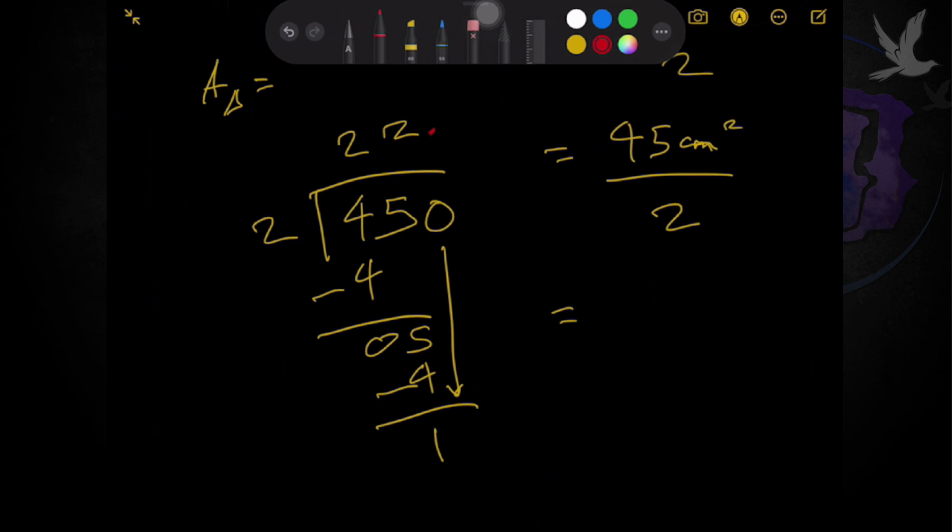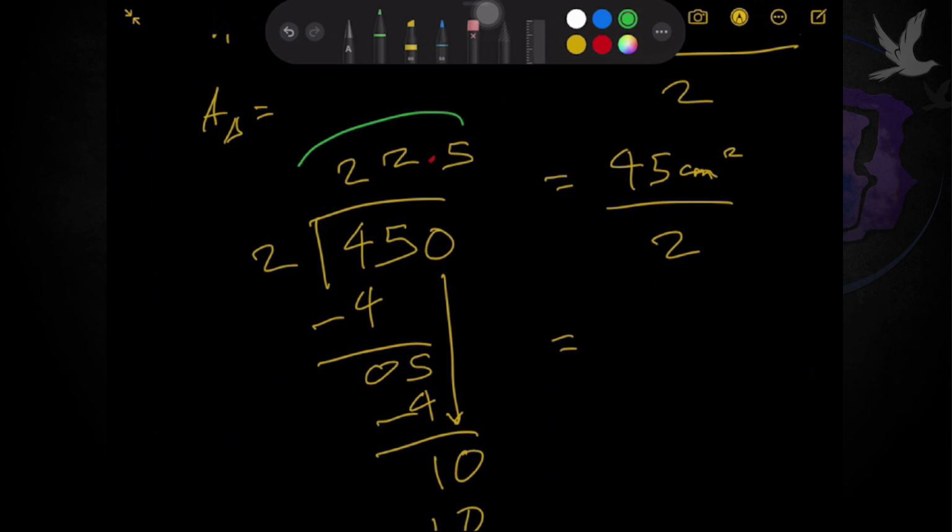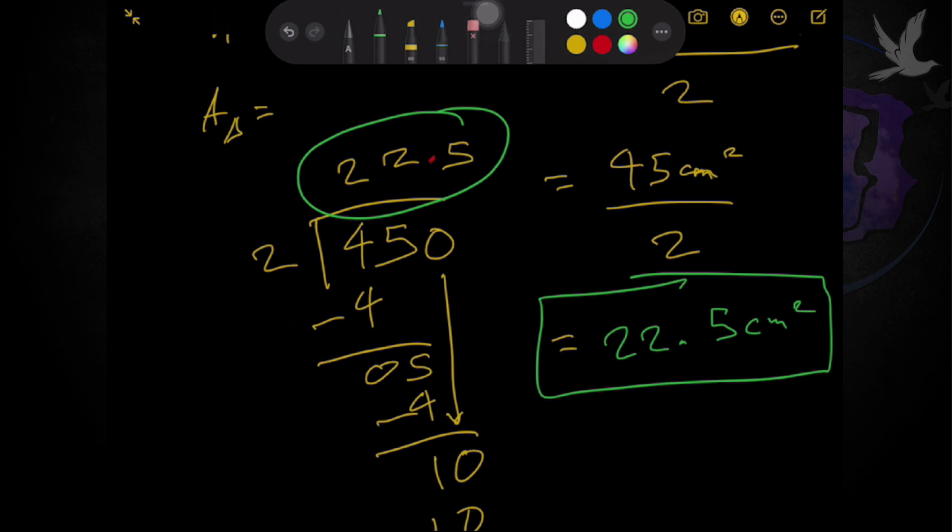Adding your first 0 will add the decimal point to your quotient or your answer. So that's a point there already. Bring down 0. So that's 10 divided by 2 is equivalent to 5. 5 times 2 is 10. 0 na tayo. So the final answer here is 22.5 centimeter squared. So that is how you solve for the area of a triangle.